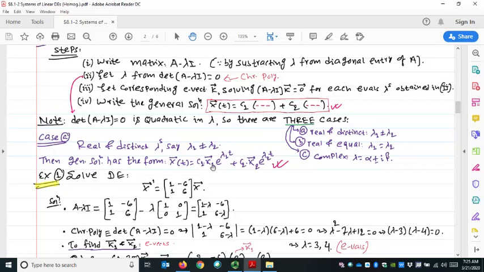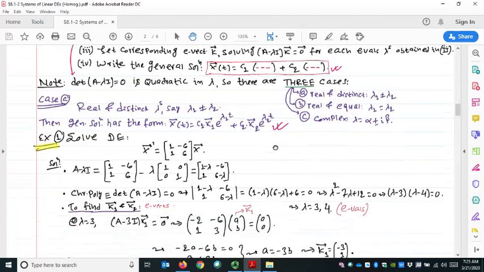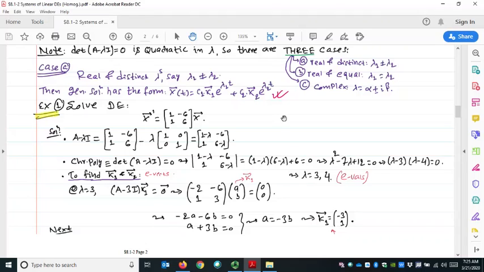So we fill this box by this term: c1 is the same c1, we fill this one with k1 times e to the lambda 1 t, and c2 is the same c2, and we fill this one with vector k2 e to the lambda 2 t. Great. Let's see some examples.